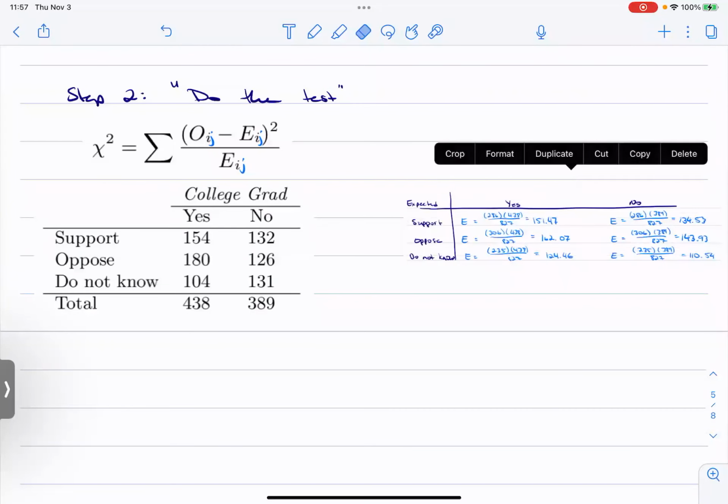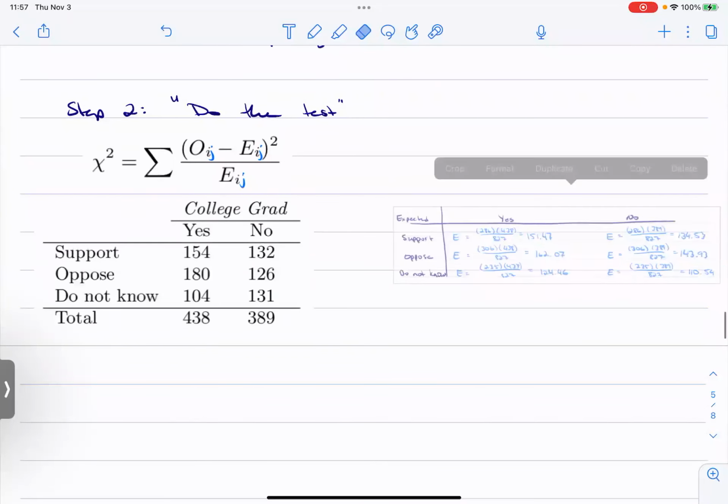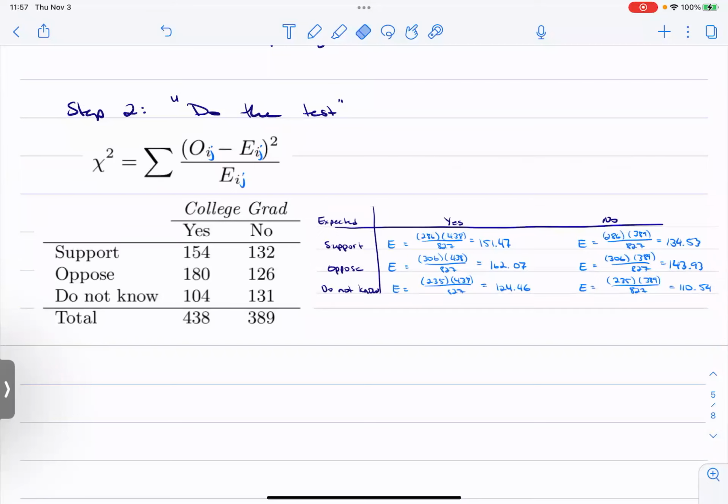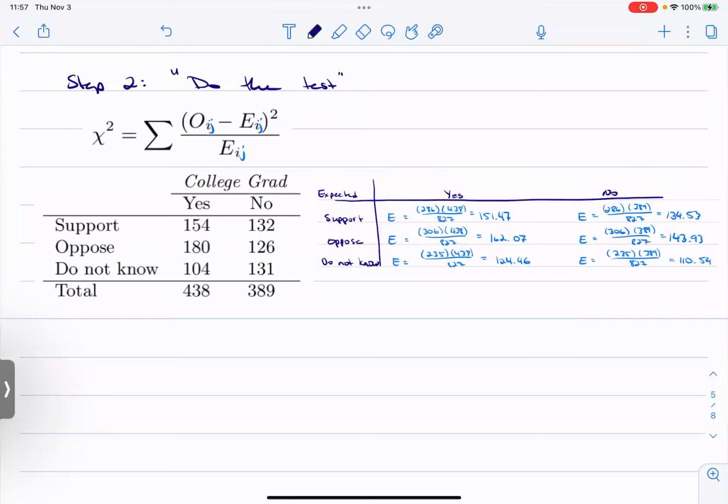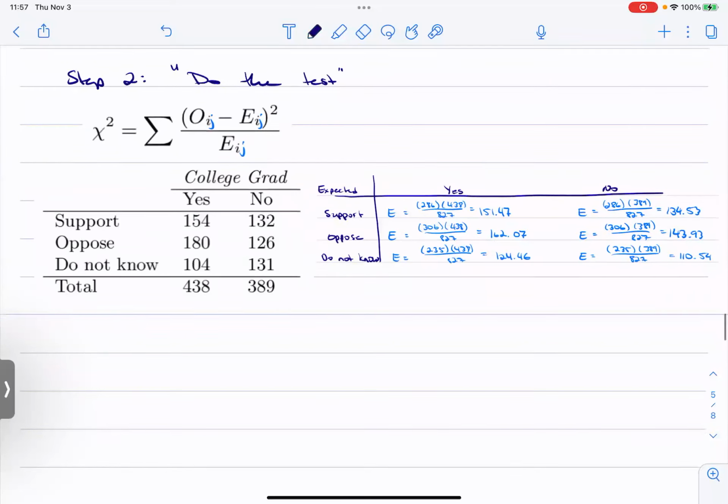Okay, so now I have my observed counts and my expected counts. I've got these pre-calculated, don't worry, but I'm going to write out what the calculation would be.